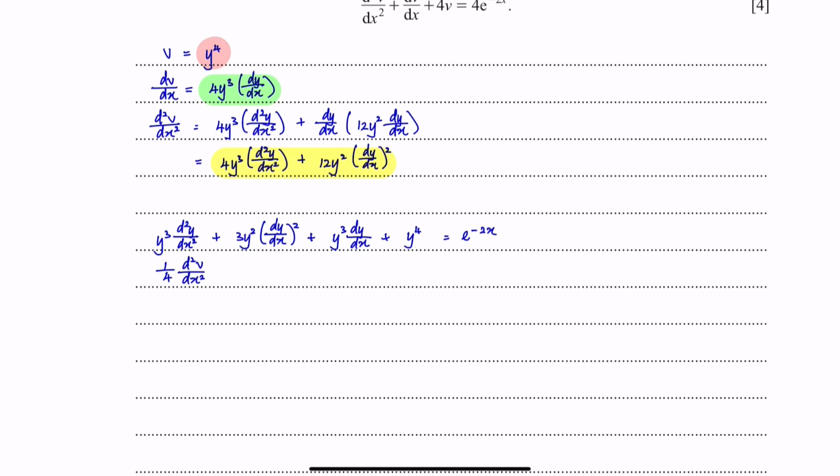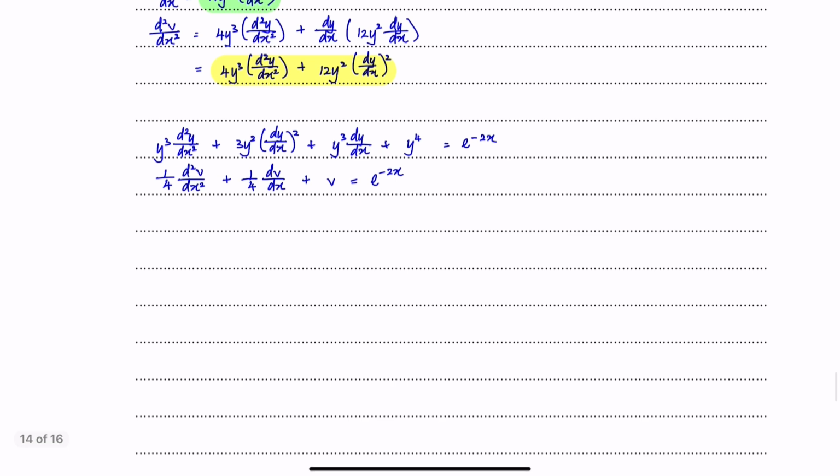And this part is similar to this. So we have 1/4 of dv/dx, and y to the 4 is basically just v. So we have changed dy/dx into dv/dx form, and we just multiply the whole equation by 4 to get the final equation.